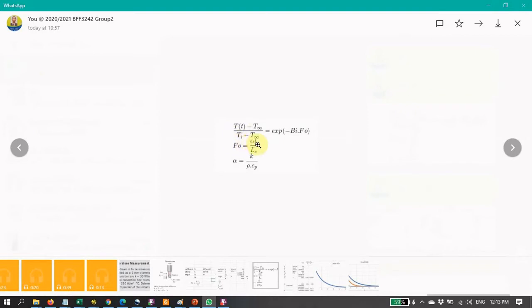So what it means here is that we're not going to look at a very short time. Immediately after we immerse the thermocouple inside the gas stream, the reading is a blink of an eye, and this is not used for measurement. It always refers to when the final temperature has almost reached the fluid temperature. This is the purpose of the thermocouple, to measure the fluid temperature.